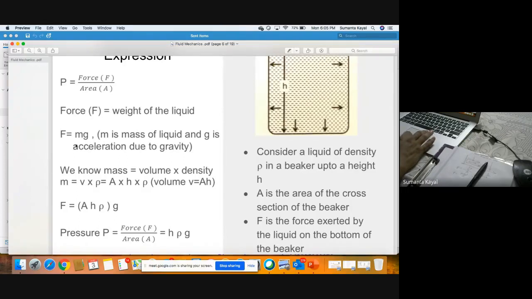Now we want to derive a little more, as we have seen in the first slide. M equals nothing but volume into density, V multiplied by rho, where rho is the density. Some books consider an imaginary cylinder of that particular liquid column, filled up with liquid.